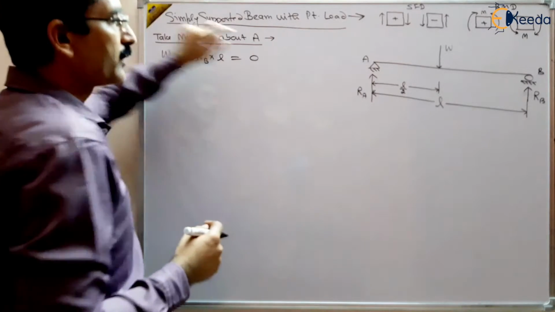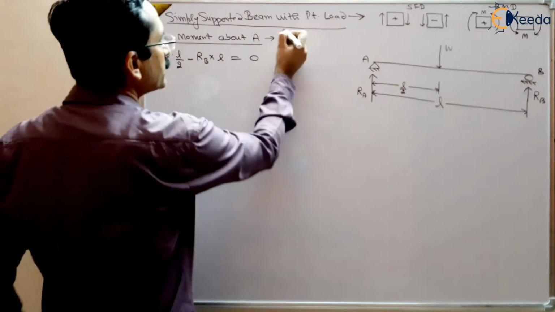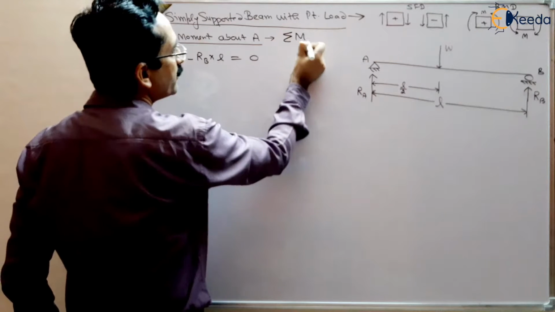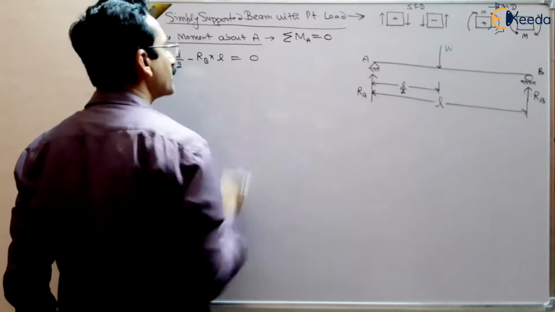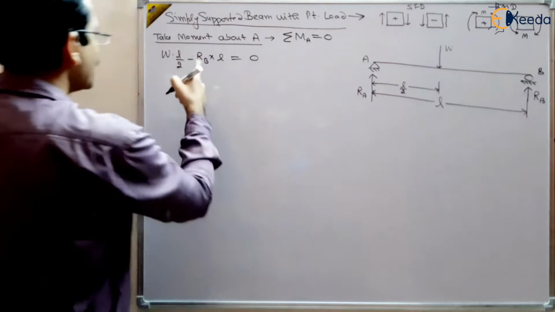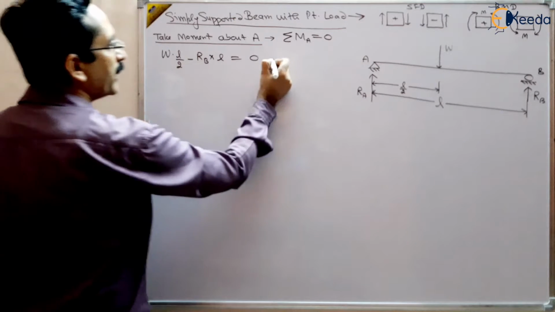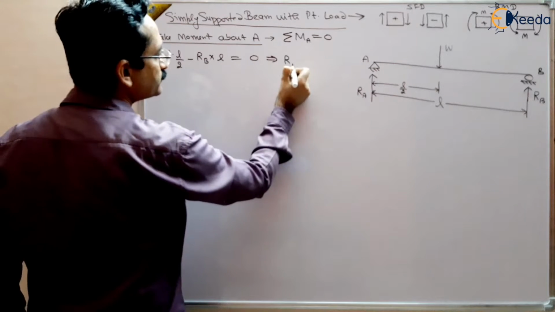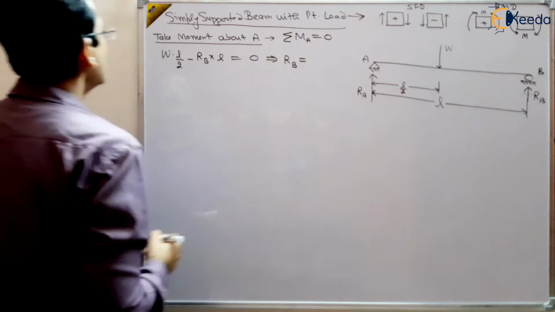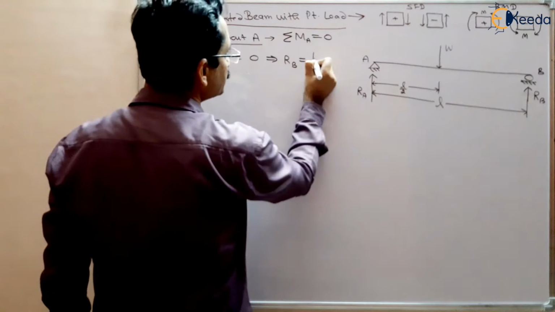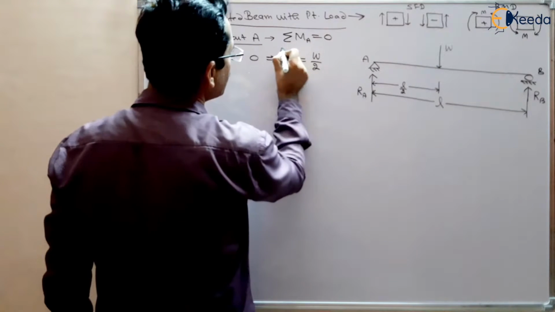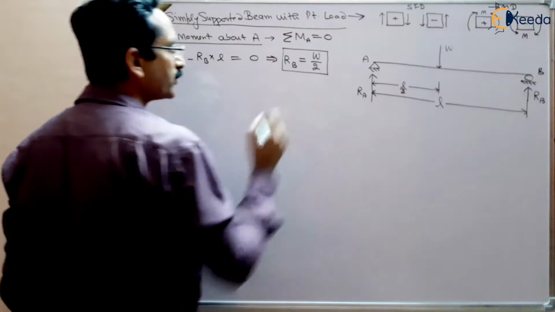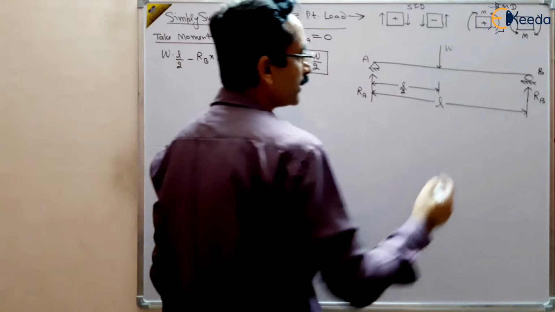The sum of the moments about point A should be equal to 0. From here you can find RB, and you will get RB as W by 2.